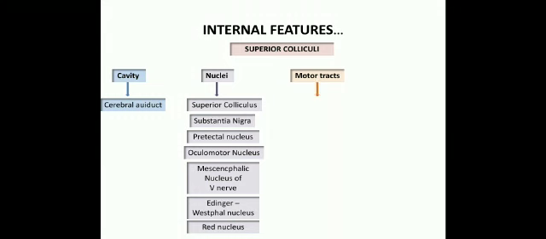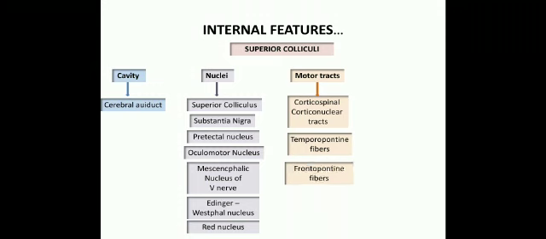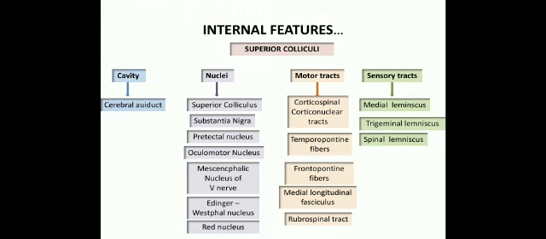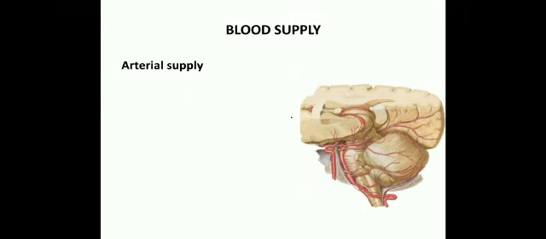The motor tracts include the corticospinal and corticonuclear tracts, temporopontine fibers, frontopontine fibers, the medial longitudinal fasciculus and the rubrospinal tract. The sensory tracts include the medial lemniscus, trigeminal lemniscus, and the spinal lemniscus.